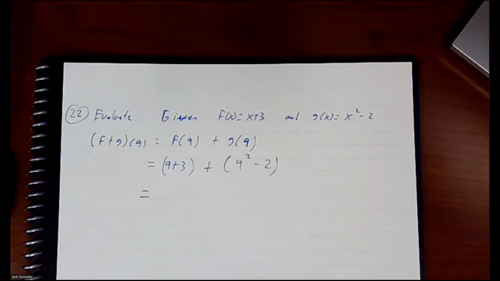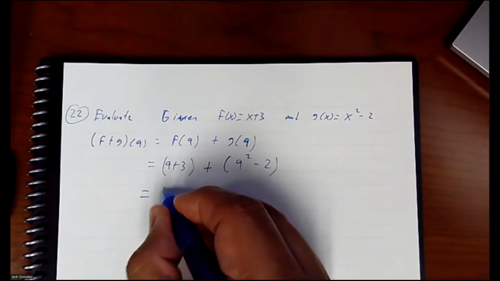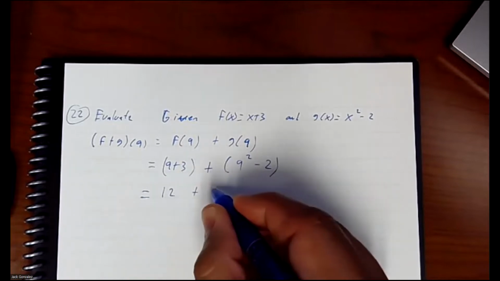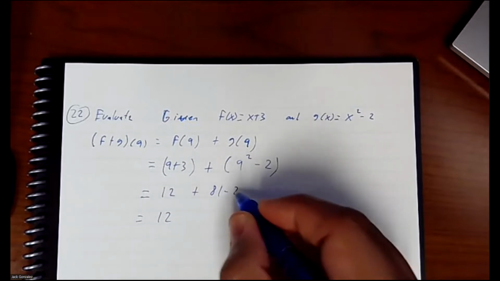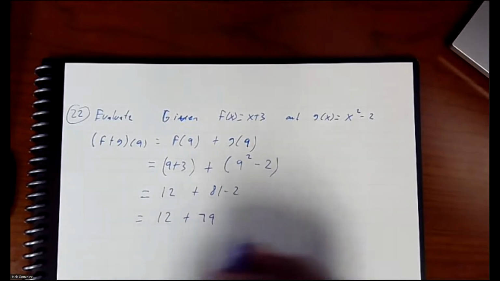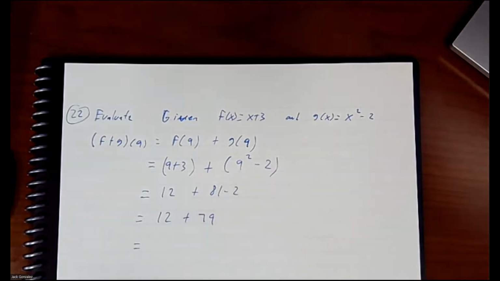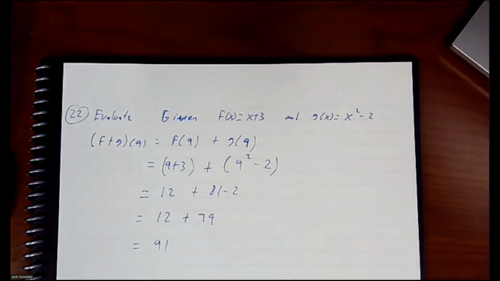Okay. So that would be 12 plus 81 minus 2, which would be 12 plus 79, which is 91, right? Yeah.